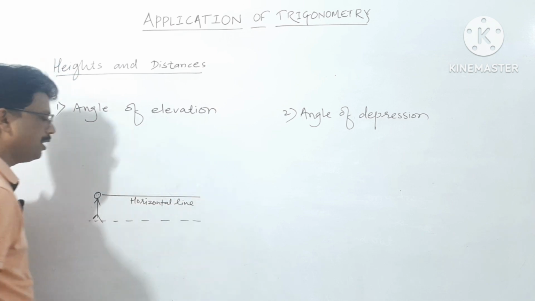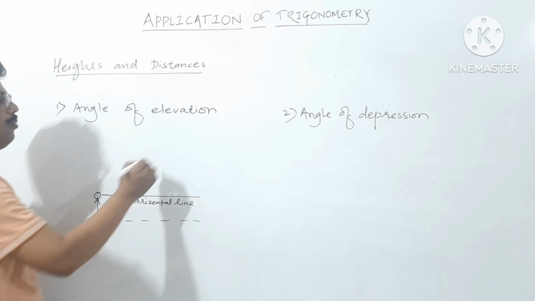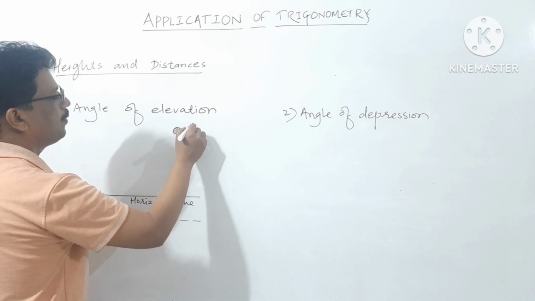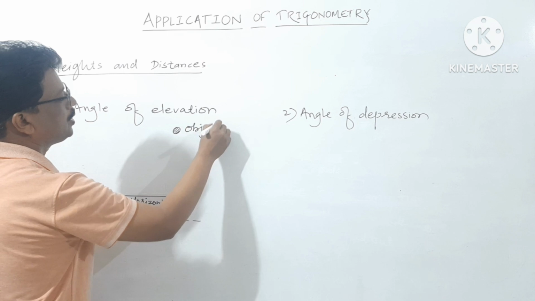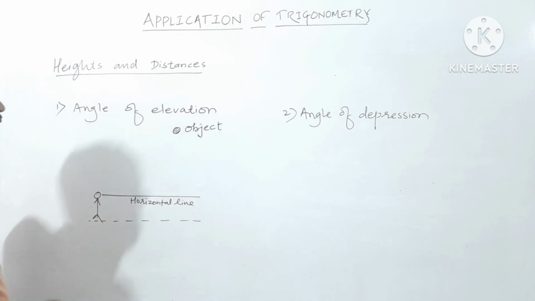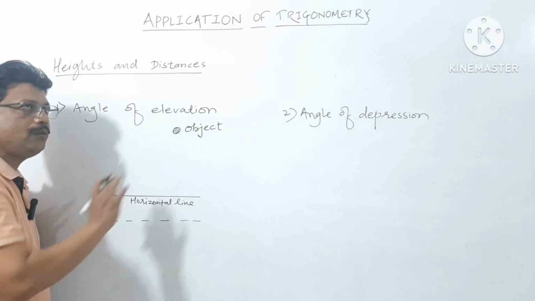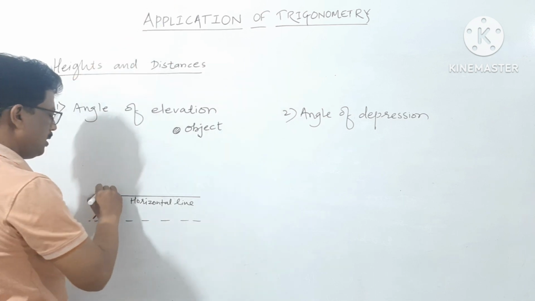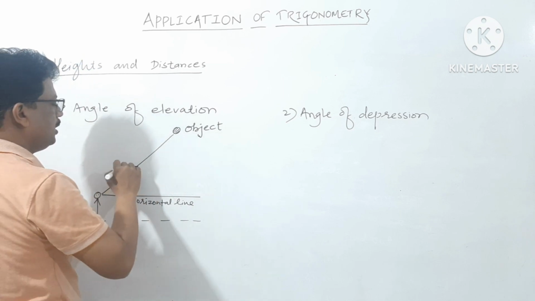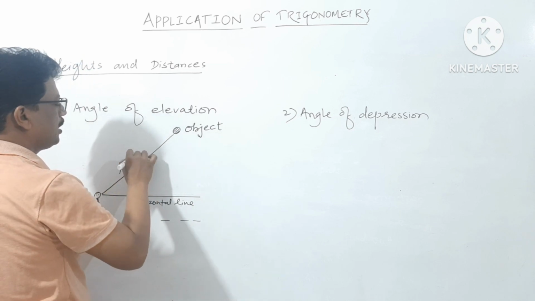This line is called the horizontal line. There is an object above the ground. If you want to see this object, you will look like this. This is called the line of sight.